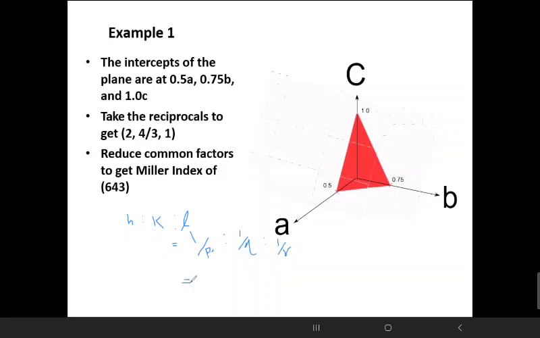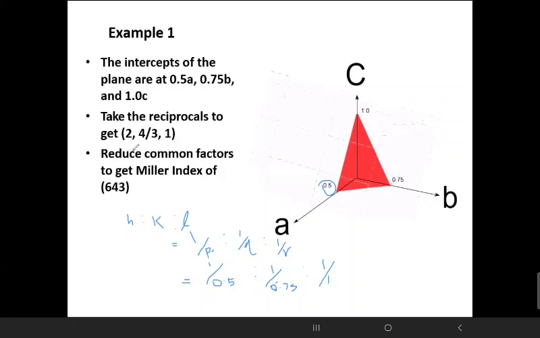What is the intercept on the a axis? 0.5. So 1/0.5 : for b, 1/0.75 : 1/1. So the reciprocals are 2 : 4/3 : 1.